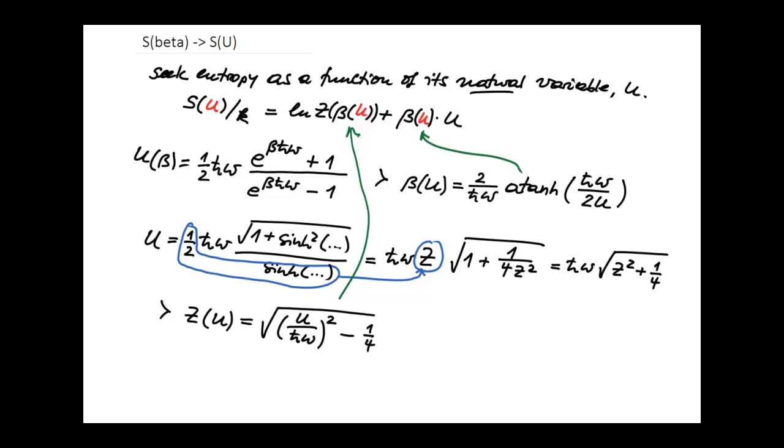And in combination, this gives you the entropy as a function of U. I'm not going to do that explicitly, it's just inserting these two expressions in the general formula. It's nothing new, really. And then you have what you want.